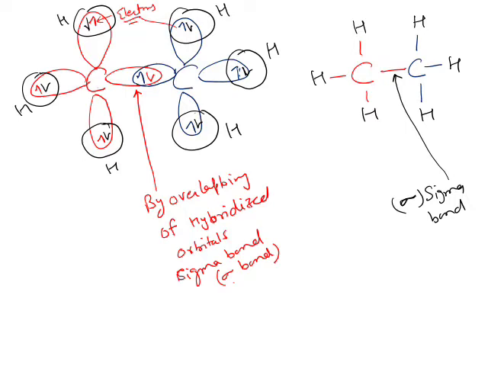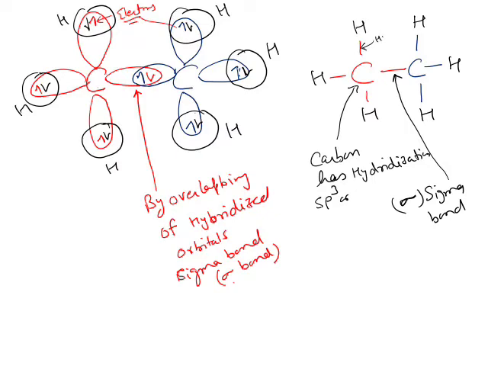Okay, so we already talked about sigma bonds. Now let's say I ask you this question: what is the hybridization of this carbon? Whether it's sp3 or something else, how are you gonna figure it out? You have to see whether this bond is formed by a hybridized orbital.